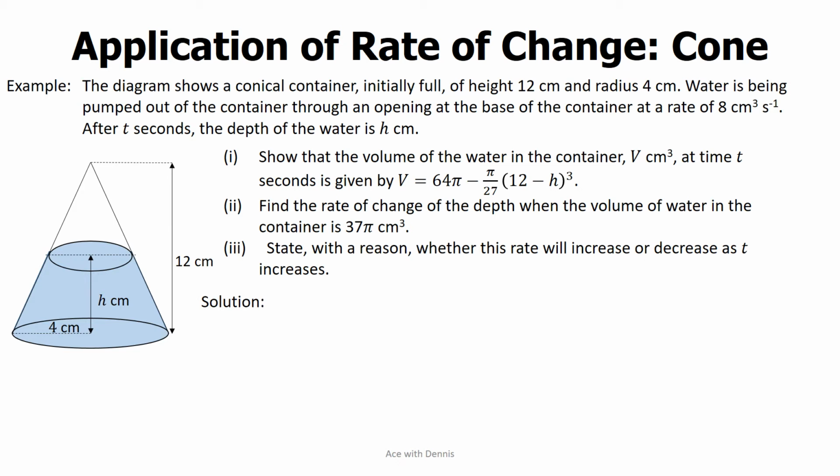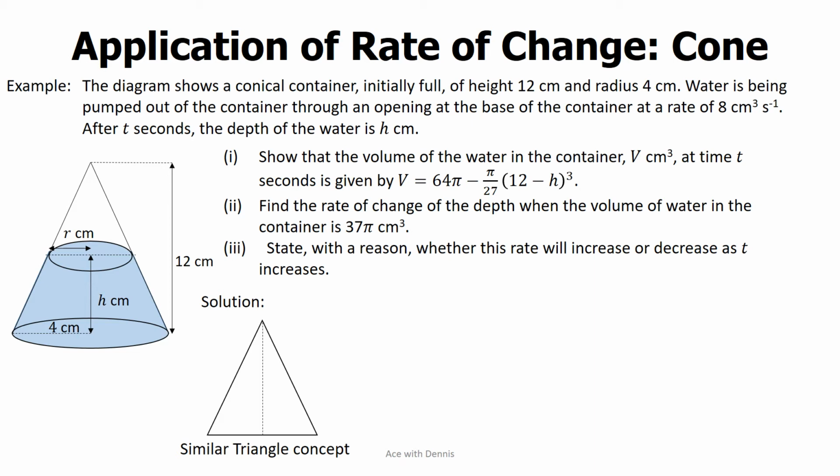Okay, here's the solution. To get the volume of the water, the basic idea is we get the volume of the big cone minus the volume of the smaller cone. I will label this radius as R. We will apply the similar triangles concept.